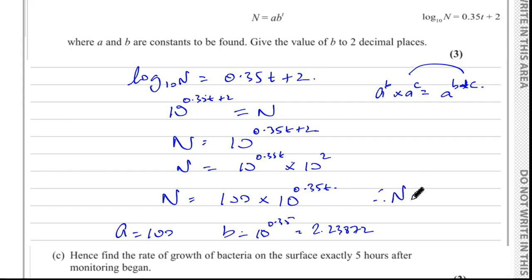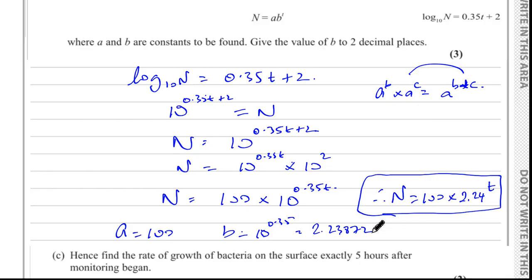So therefore we can say n is equal to 100 times 2.24 to the power of t. There's the answer for this question. We just had to write a and b. They want it in this form where you have a number to the power of t, so you can't leave it as 10 to the power of 0.35. It has to be a particular number to 2 decimal places, that number b. There's the answer to part B.